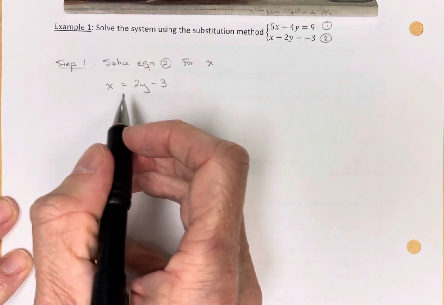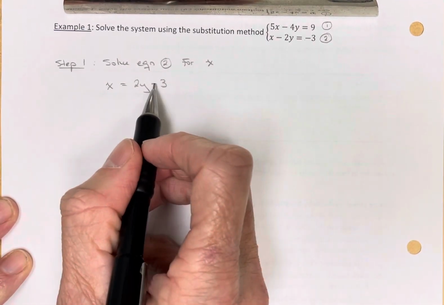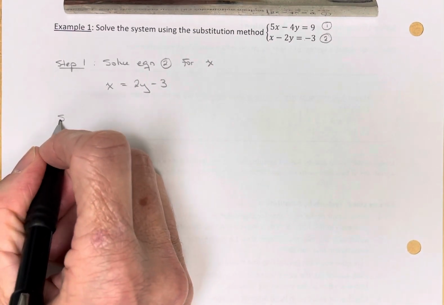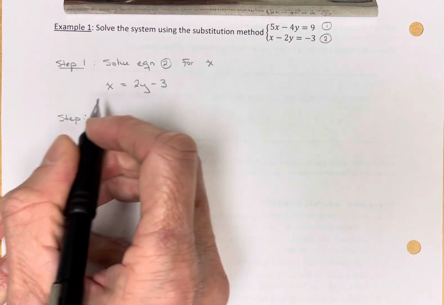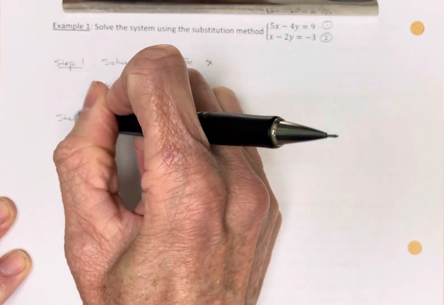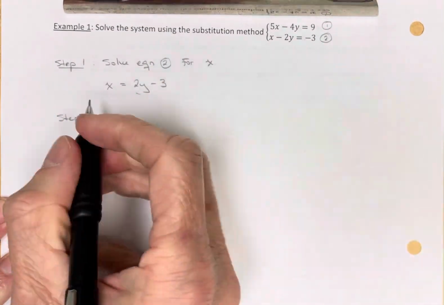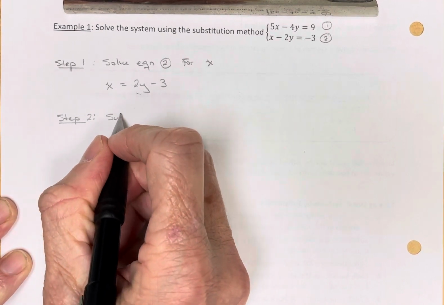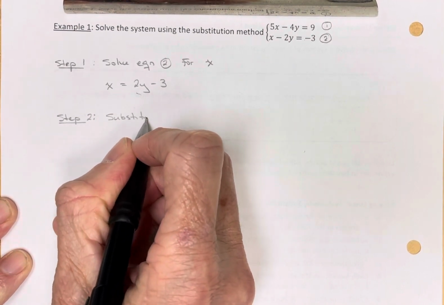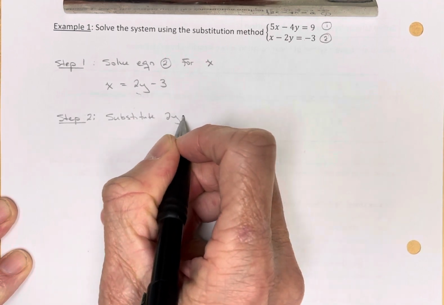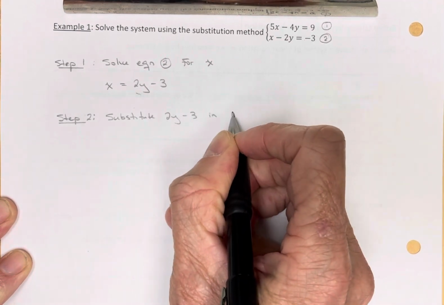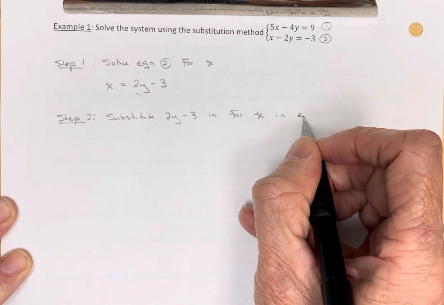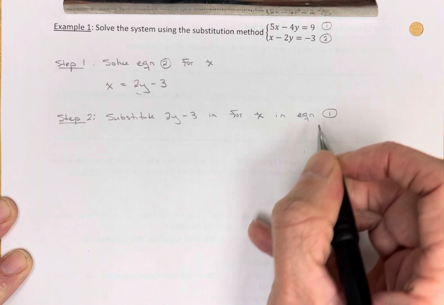Okay, step 2. Substitute what you have here into the other equation. Okay, we're going to substitute 2y minus 3 in for x into equation number 1.